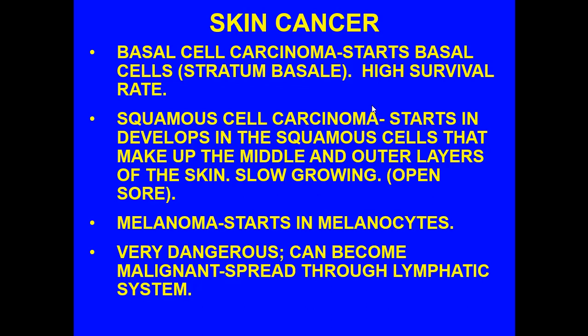And then we have melanoma, which starts in the melanocytes. This is very dangerous because it can become malignant and can spread throughout the lymphatic system. This is usually the type that can lead to a lot of death.